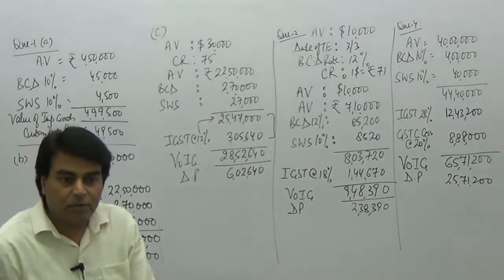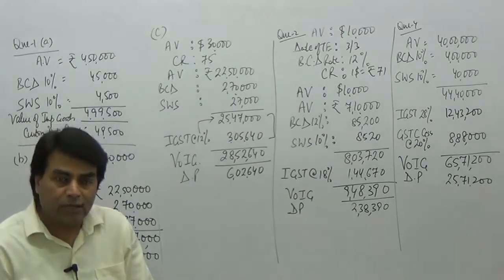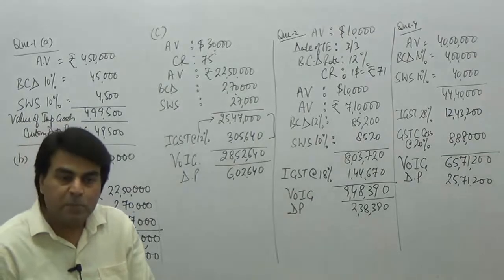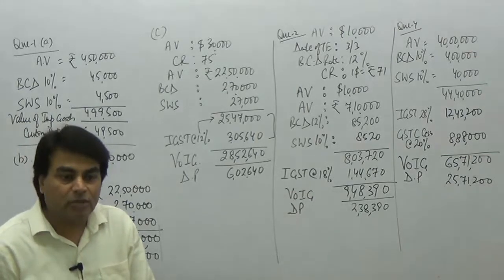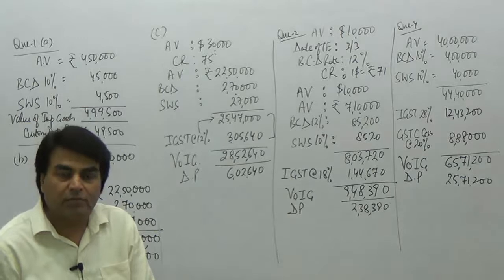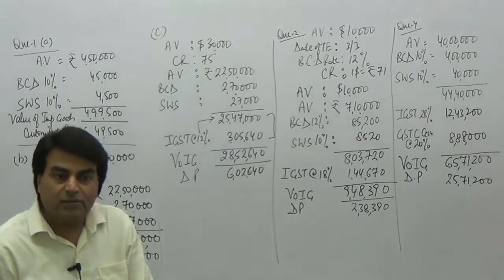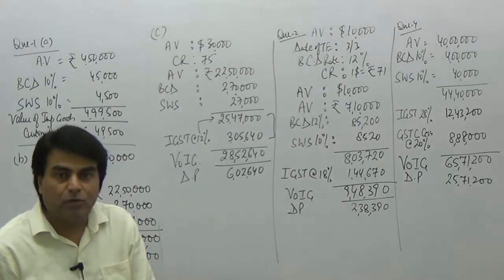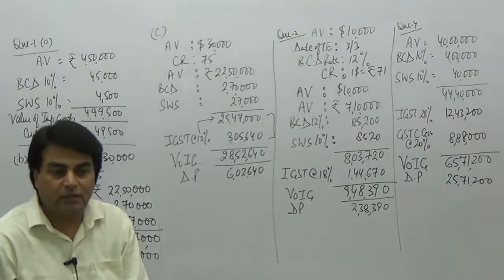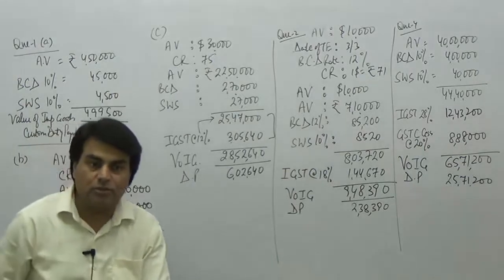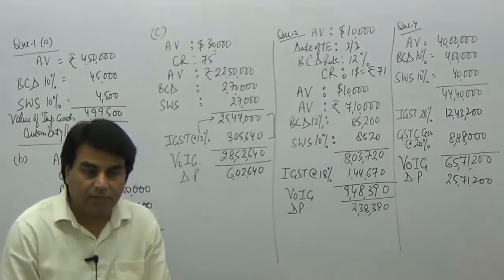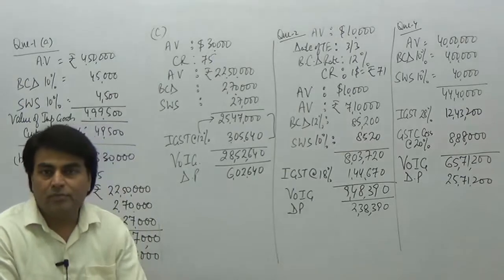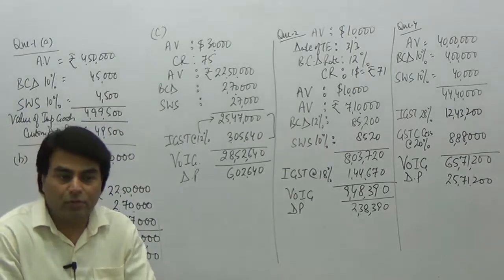Rajesh Limited imported certain goods from Bangladesh, and Bangladesh is a developing country, from 26th January to the next year's 25th January, of rupees 50 crores. That means in an entire year, Rajesh Limited imported these goods from Bangladesh to the volume of 50 crores.